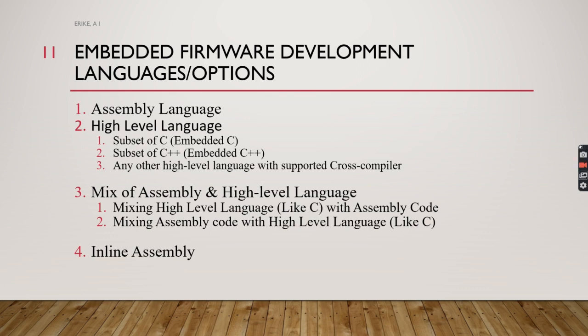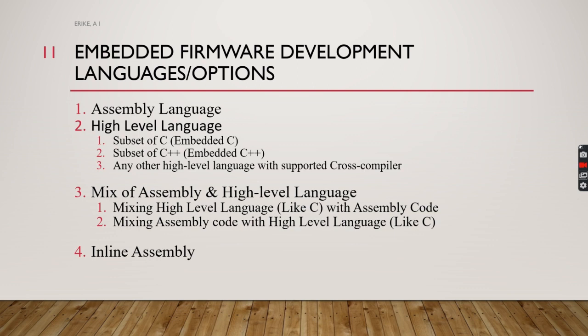You have Python that you can use. I think you have also PHP that you can use with a PHP board and so on. There are other high-level languages that you can as well use in development of embedded systems. But C has the highest market patronage.